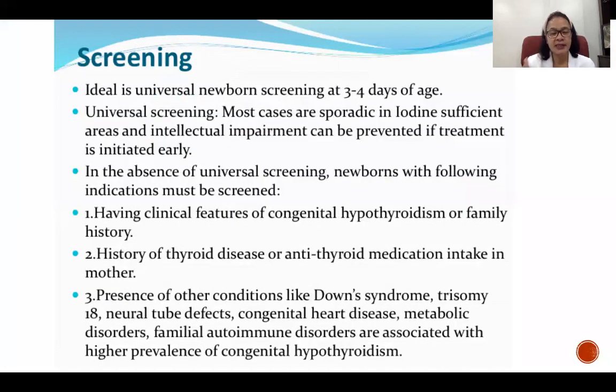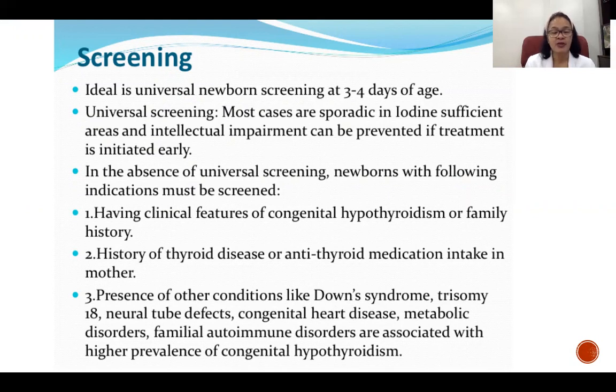So ideally, okay, all newborns must be screened before they will be discharged from the hospital. Okay, so in the hospital, our practice is we do the newborn screening after 24 hours of life.